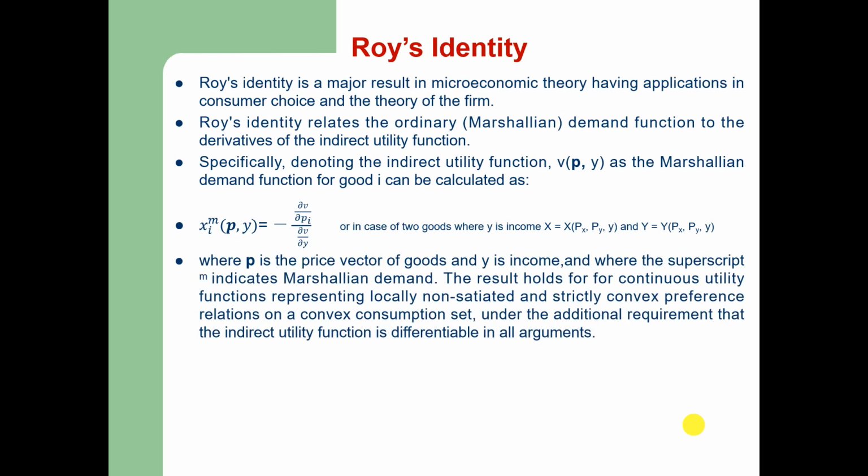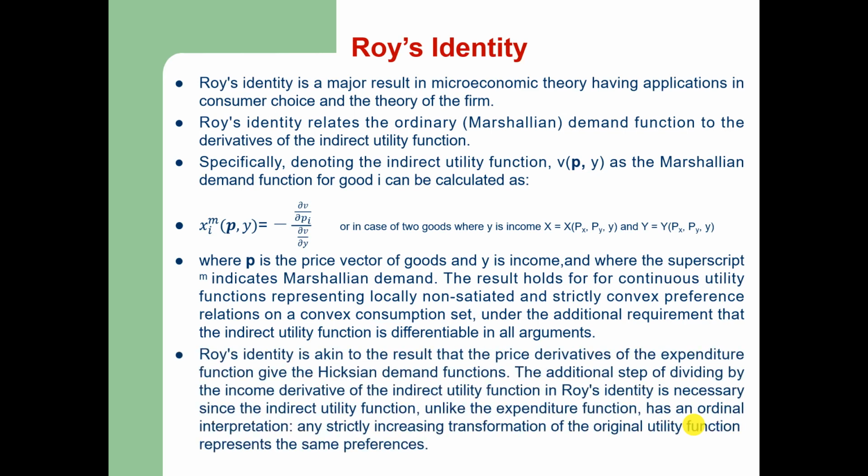The result holds for the continuous utility functions representing local non-satiated and strictly convex preference relations on a convex consumption set, under the additional requirement that the indirect utility function is differentiable in all arguments. Roy's identity is akin to the result of the price derivatives of the expenditure function give the Hicksian demand functions.